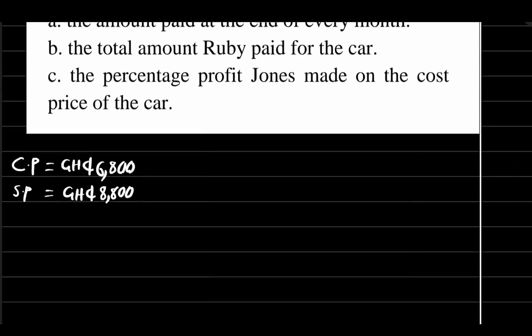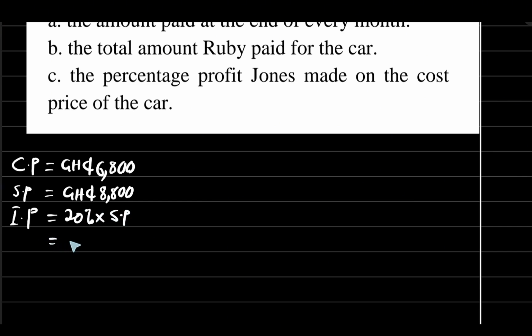So we'll have what we call the initial payment, IP, by Ruby, supposed to be equal to 20% multiplying the selling price of the car.